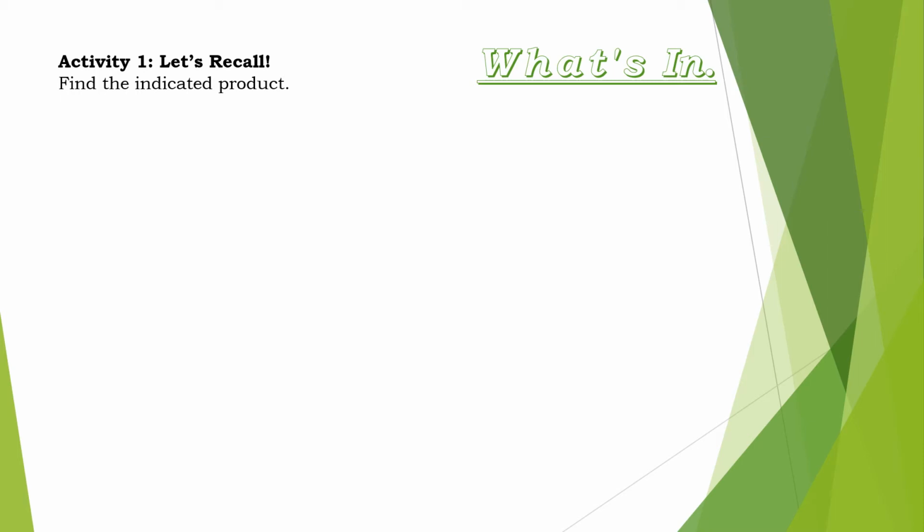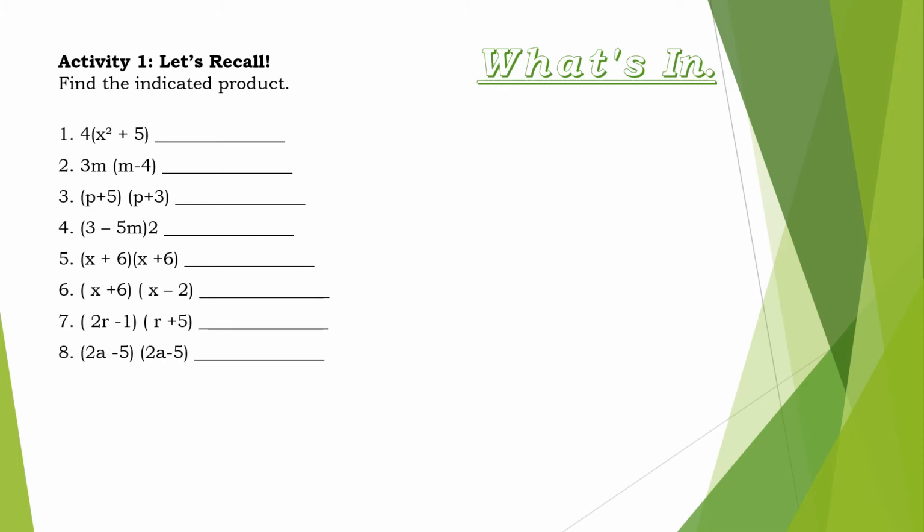In activity 1, you have a 10-item test. I will solve 1 to 5, then you do the rest of the activity. I will provide an answer sheet to make sure that your answers are correct. Okay? So let's have number 1.